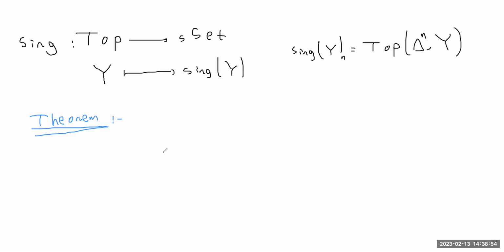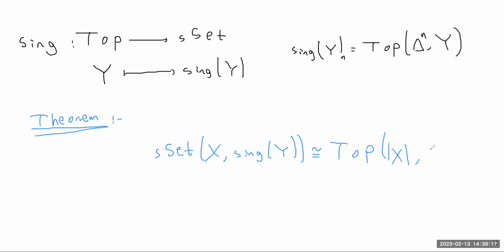We have this adjunction: if we take a simplicial set x, and here we take the singular of y, the maps from x to Sing y are isomorphic to the maps from the realization of x to y, for every x in simplicial sets and y in topological spaces. So we have a natural isomorphism.